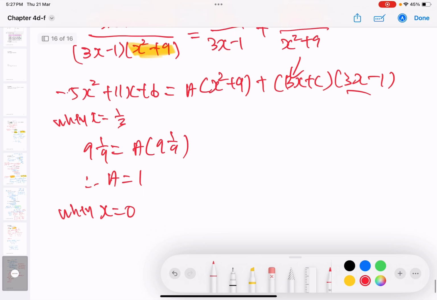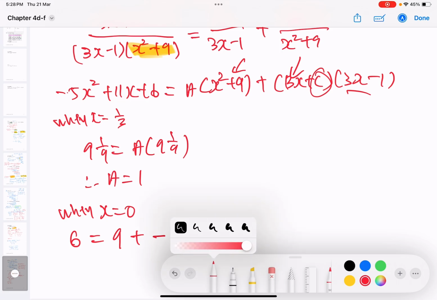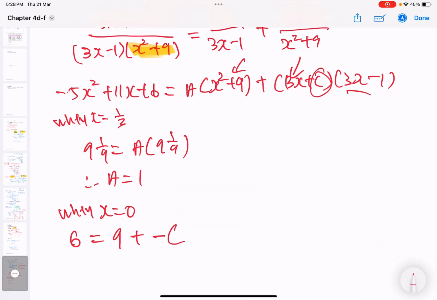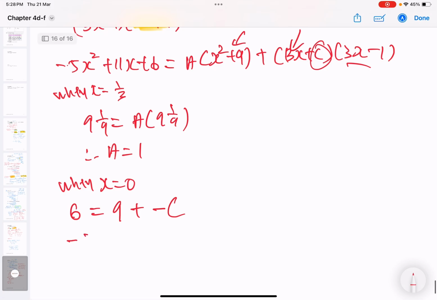When I let x equal 0, I get 6 equals 9 times 1, because A is 1, plus, since this becomes 0, I'm left with just C times negative 1, so negative C. So I'm going to get negative 3 equals negative C, therefore C is equal to 3.